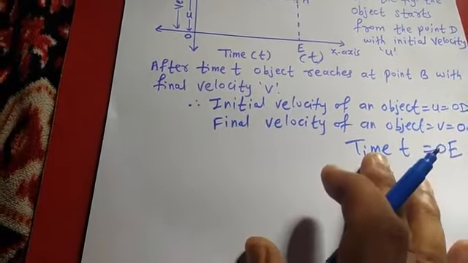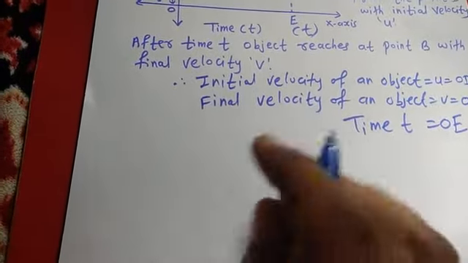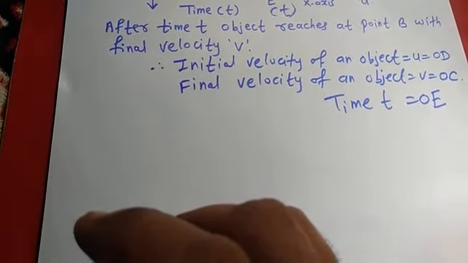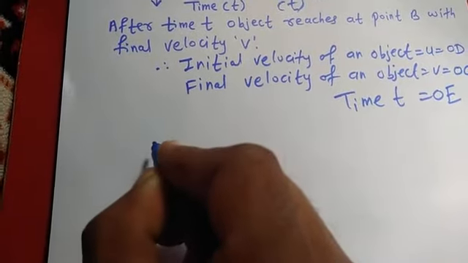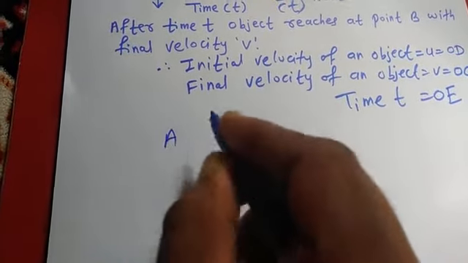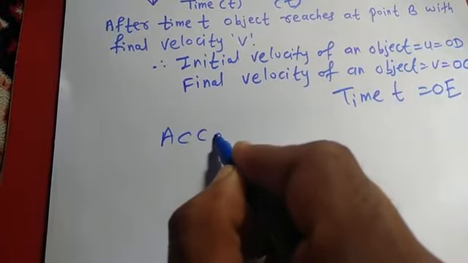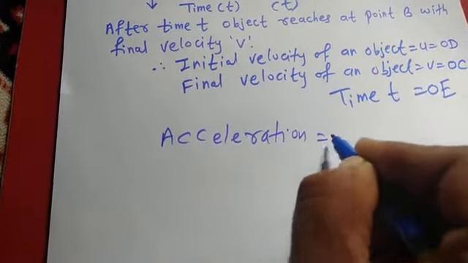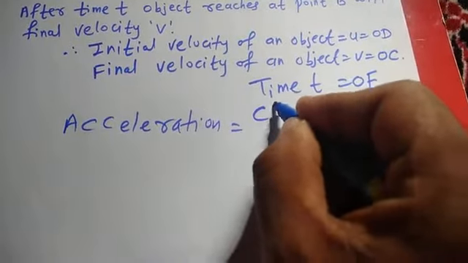Now, we know the formula of acceleration. We have seen this formula. Acceleration is nothing but the rate of change of velocity. Therefore, acceleration is equal to change in velocity upon time.